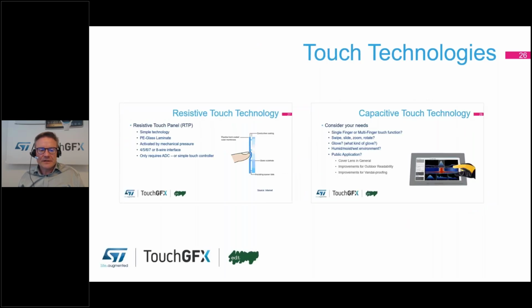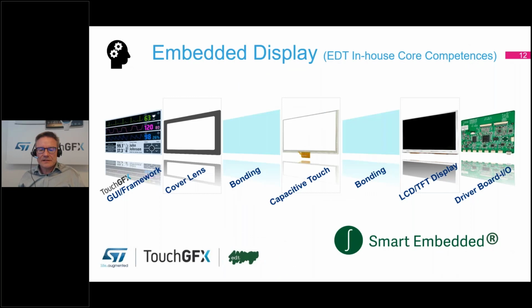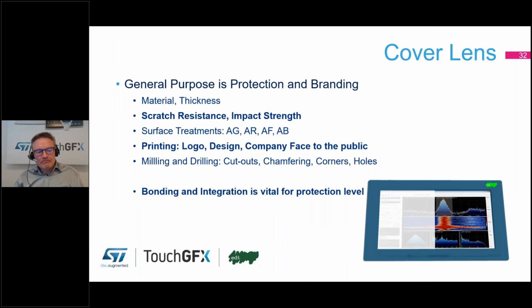Enough of the capacitive touch technology. As I said, you need to protect your skin, or the face of your product, and the cover lens is a good way of doing it. Besides the general protection, the purpose is also branding.